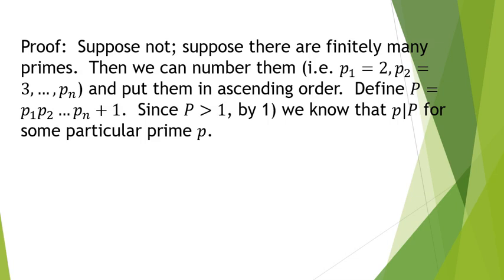Well, each of the primes by themselves are whole numbers, and they're greater than 1. So then, obviously, capital P is going to be a whole number that is greater than 1.